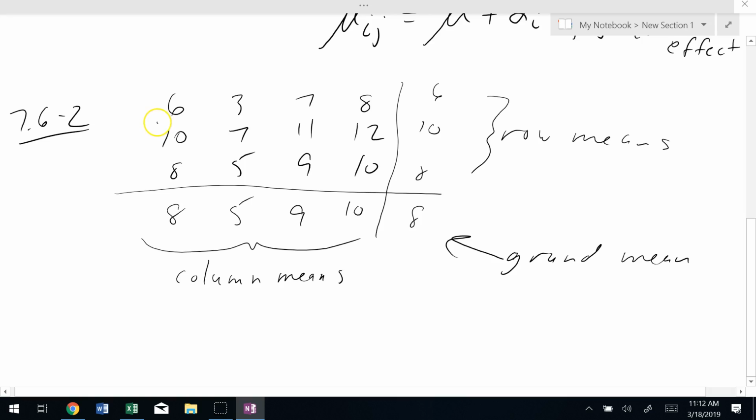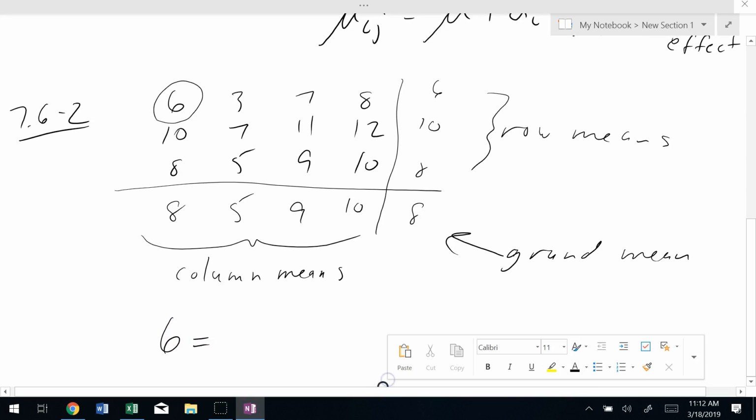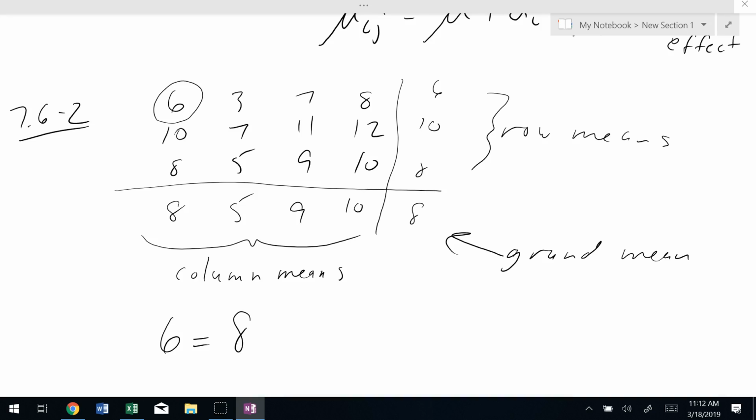So up here, the 6, that's our mu sub ij, has to equal the mu, which is 8. That's our grand mean, right? Now, of course, 6 doesn't equal 8, so there must be some effect from the row and some effect from the column. So how do we figure out what those are?